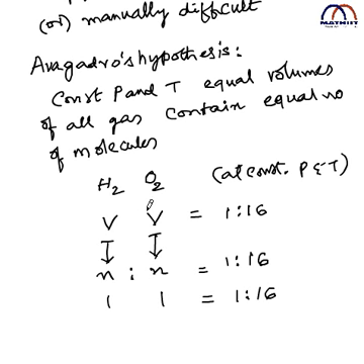From this, what we can derive, let us see. Right. So what is the conclusion that I have come to? That is, one molecule of hydrogen and one molecule of oxygen, the ratio between them is 1:16.